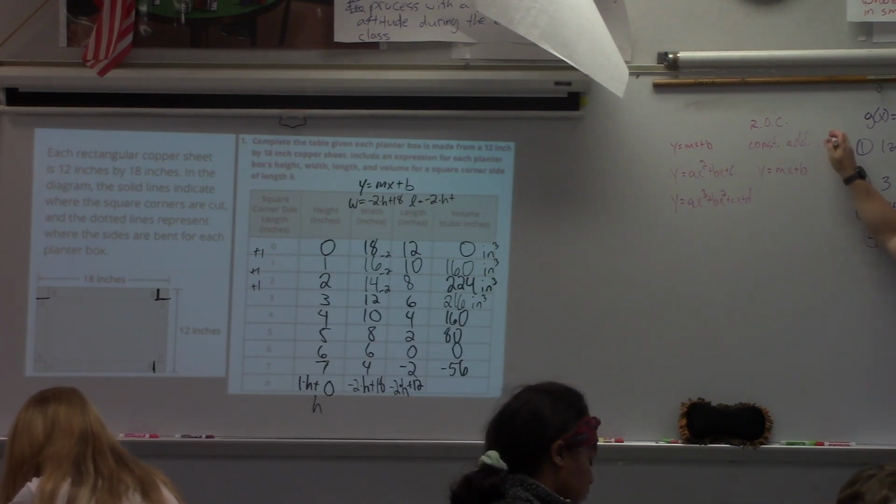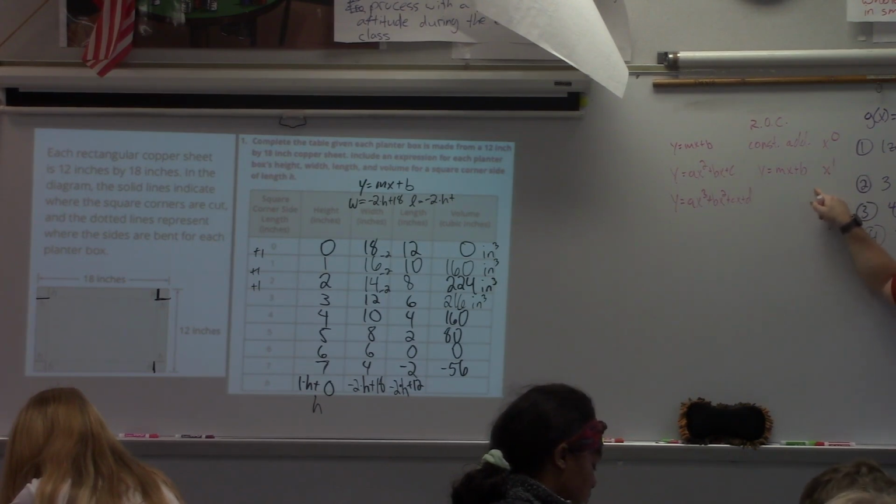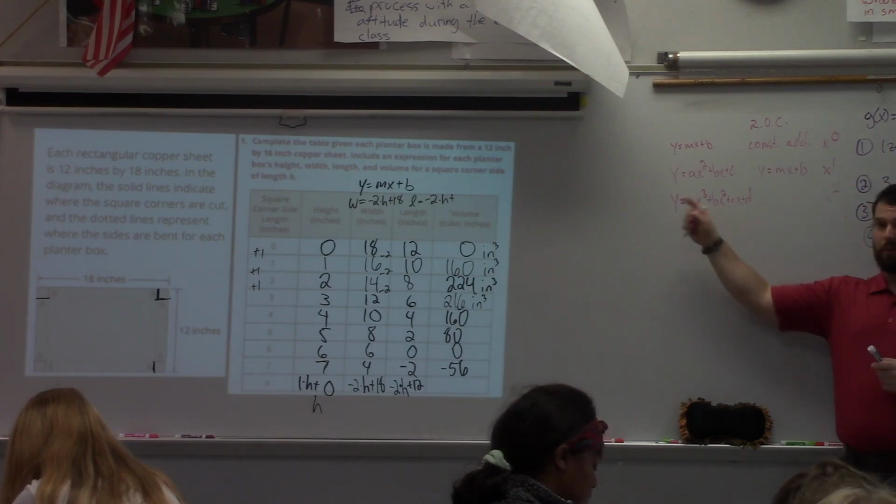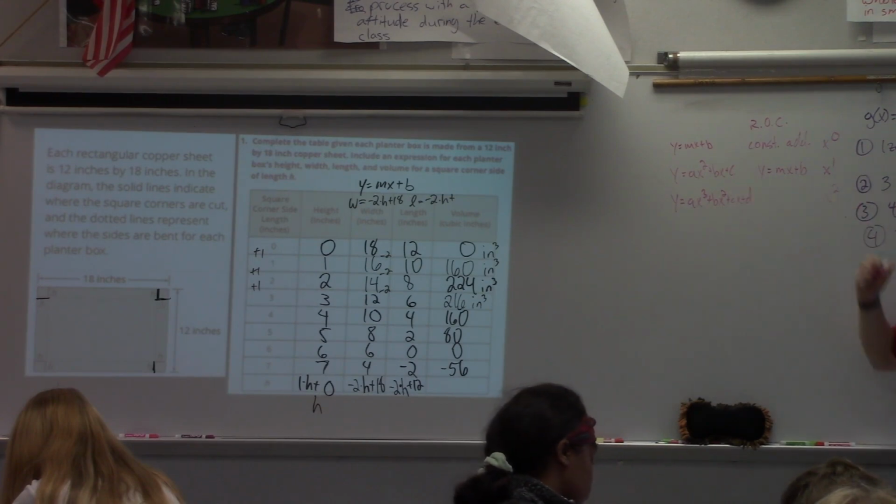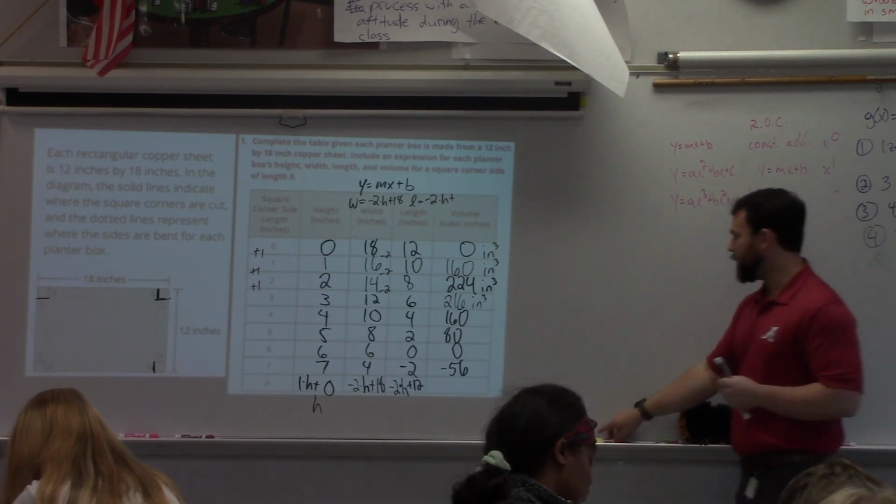I would point this out, this is x to the 0, this is x to the first. What's the pattern? X to the 0, x to the first, x to the second. So a cubic that we have here should have what rate of change? Quadratic. Let's check. That's a pattern.